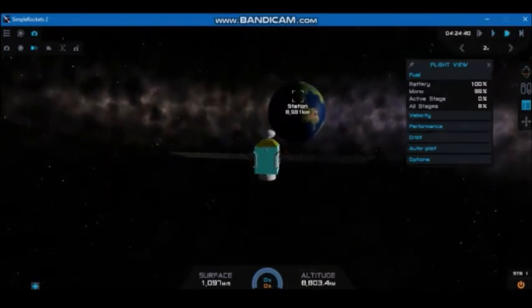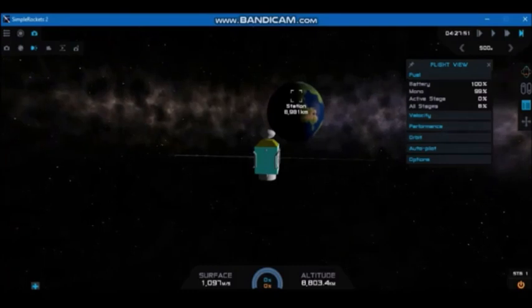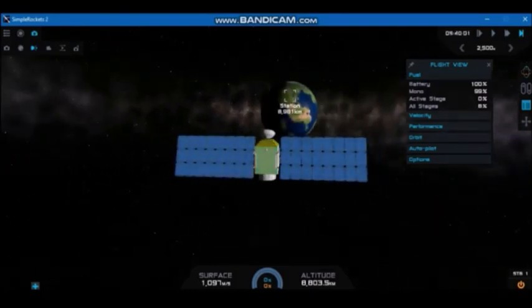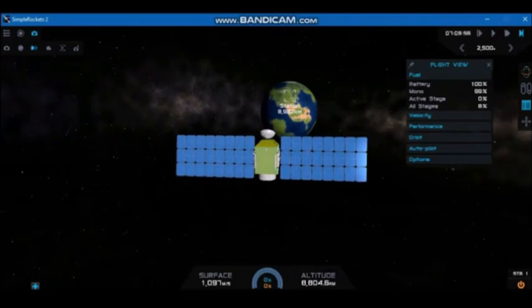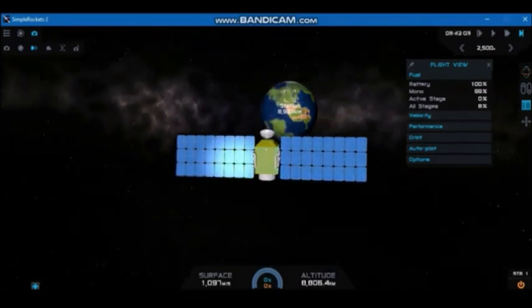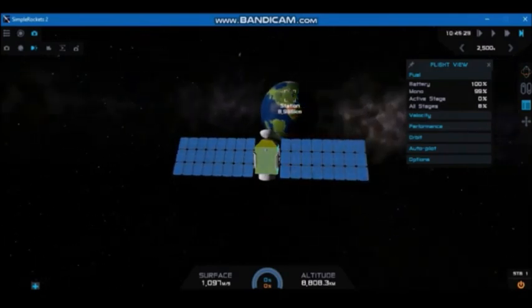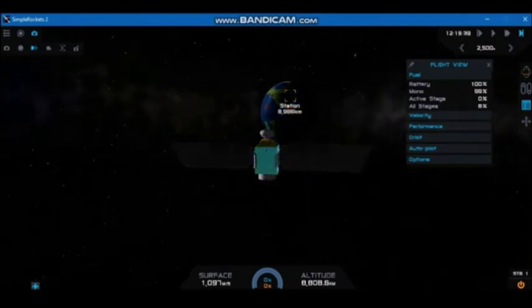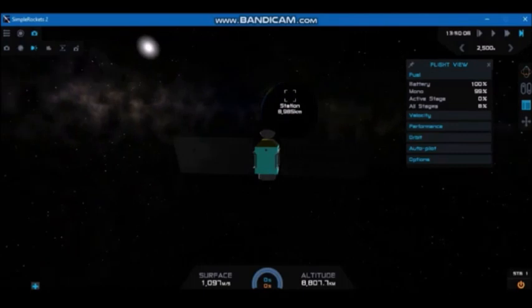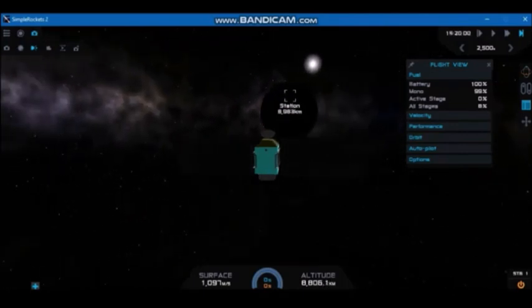And as you see here, I'm going to fast forward, and you can see the planet is spinning, the satellite is rotating around it at the same speed. So yeah, this is geostationary. It could be not very accurate, but yeah, this is the idea.